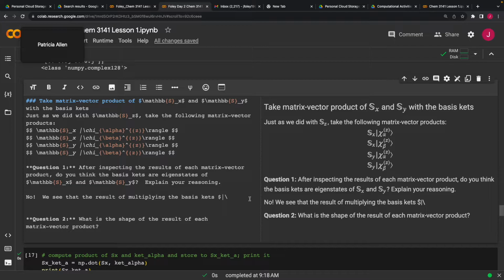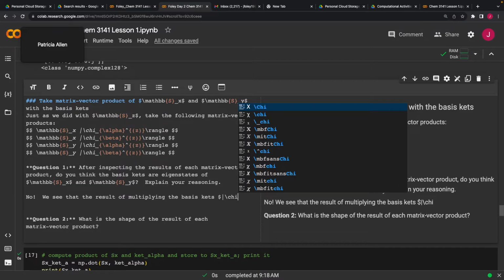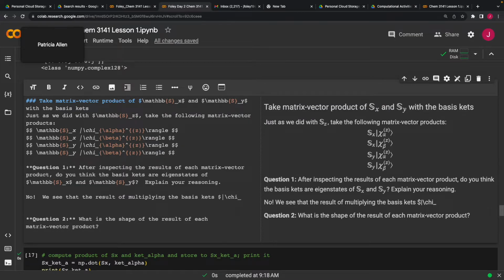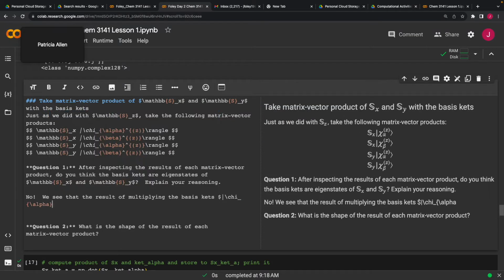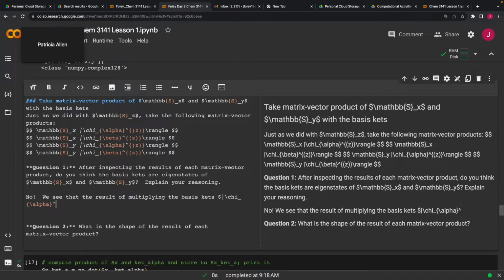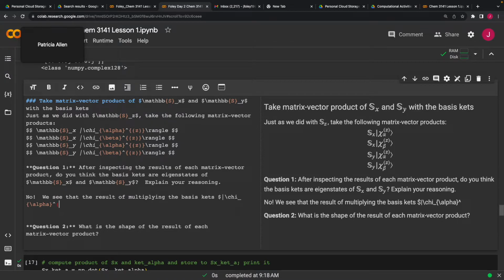But the math font, which you can copy from above if you want, is chi underscore bracket alpha superscript. Oh, I'm sorry.